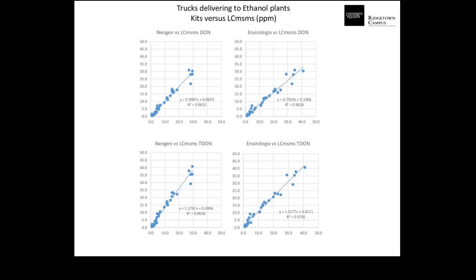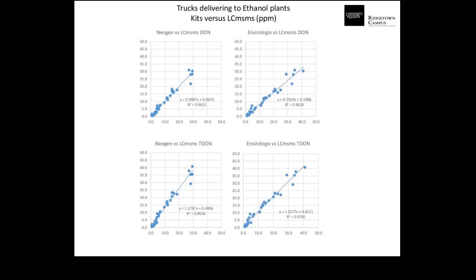It's 0.9987. It's almost 1. So there was a 1-to-1 relationship between the two test results. And the R squared is very high. Anything over 95% is quite high. And so there was very good agreement. So it was accurate and precise comparing the Neogen test kit versus the LC-MS/MS.